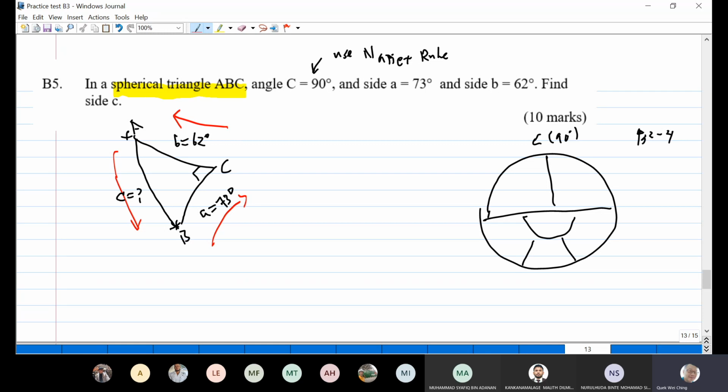If I go that direction, the first side is B here, which is 62 degrees. Then you come across angle A, then side C.